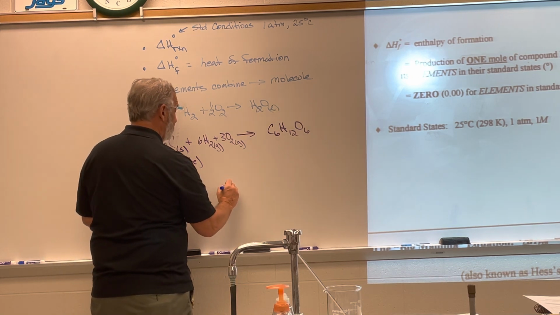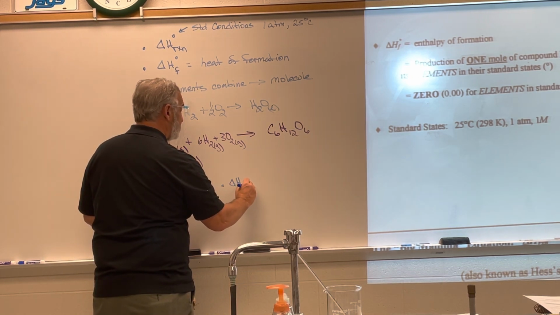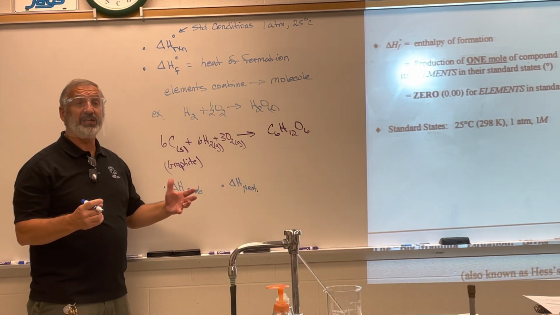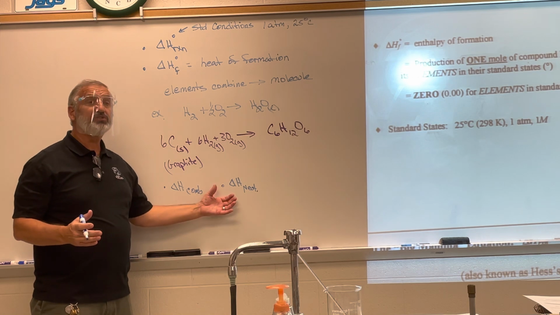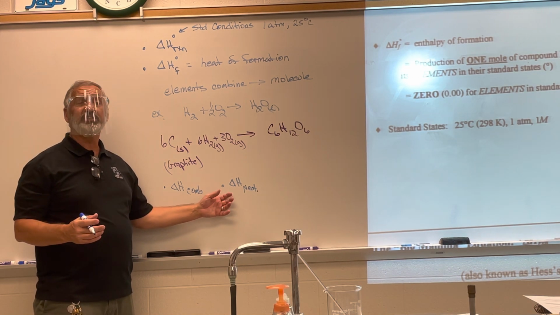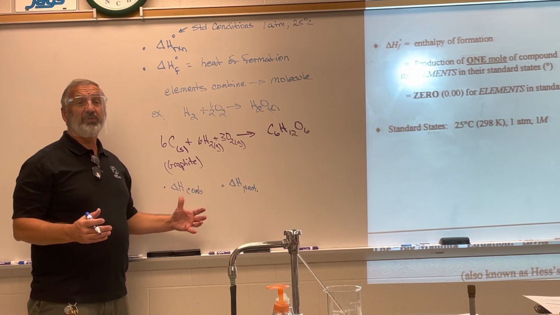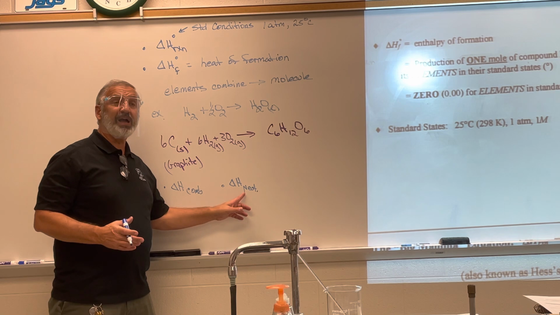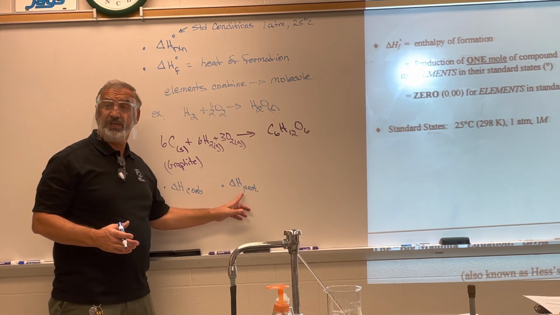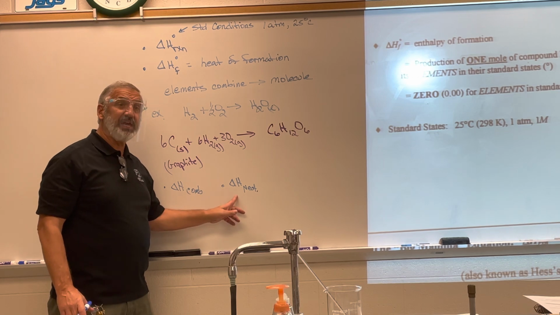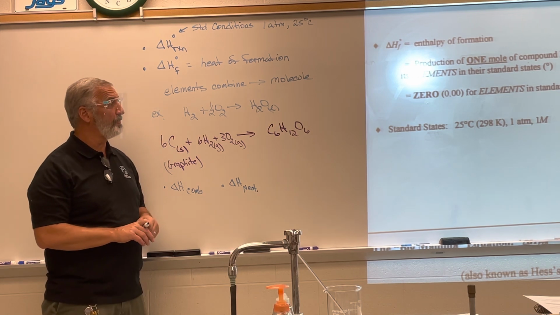You can have delta H of neutralization, which is what that previous problem was, where we added the HCl and the NaOH together, that was a neutralization. So sometimes rather than saying delta H of reaction, they'd say delta H of neutralization. So a lot of times the little subscript down here just describes what type of reaction you're calculating the delta H for. But delta H is delta H, and we calculate it all the same way.